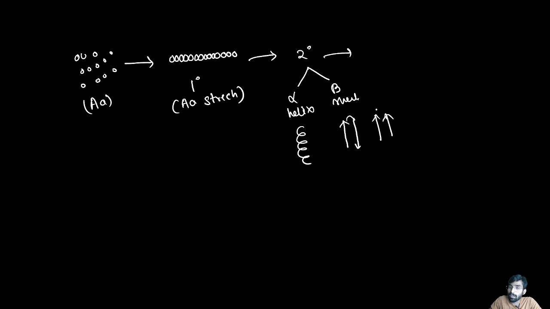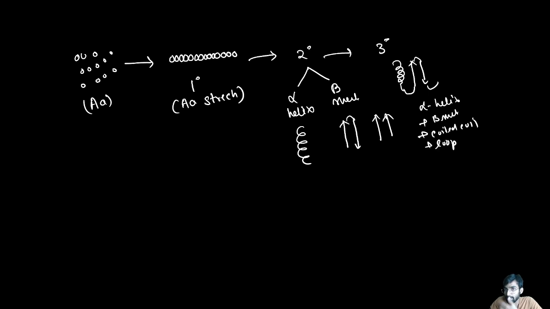And after that is tertiary structure, third degree structure. Here the protein is actually folded, and in one folded protein we have multiple domains, and multiple domains can consist of alpha helix, beta pleated sheet, some loop, everything. So tertiary structure is basically alpha helix plus beta sheet plus coil plus loop, everything.